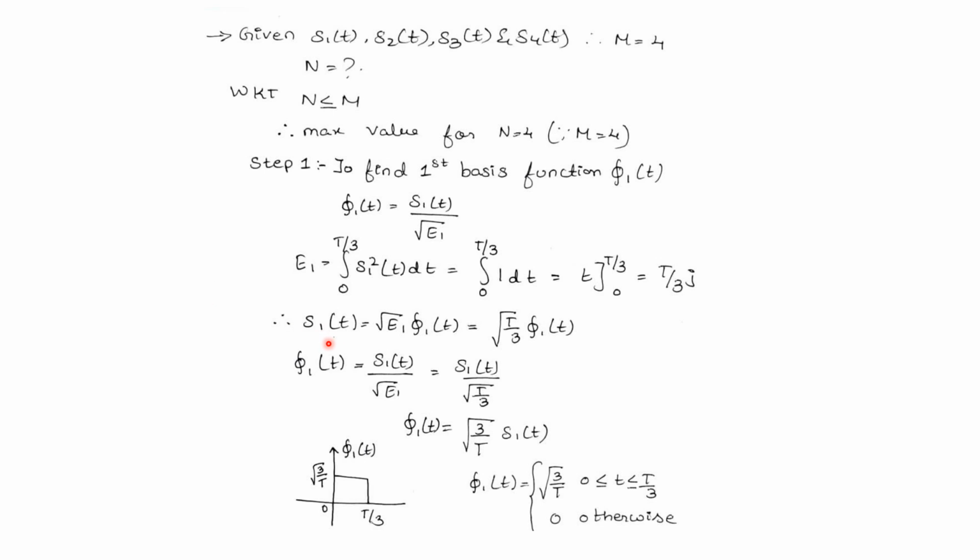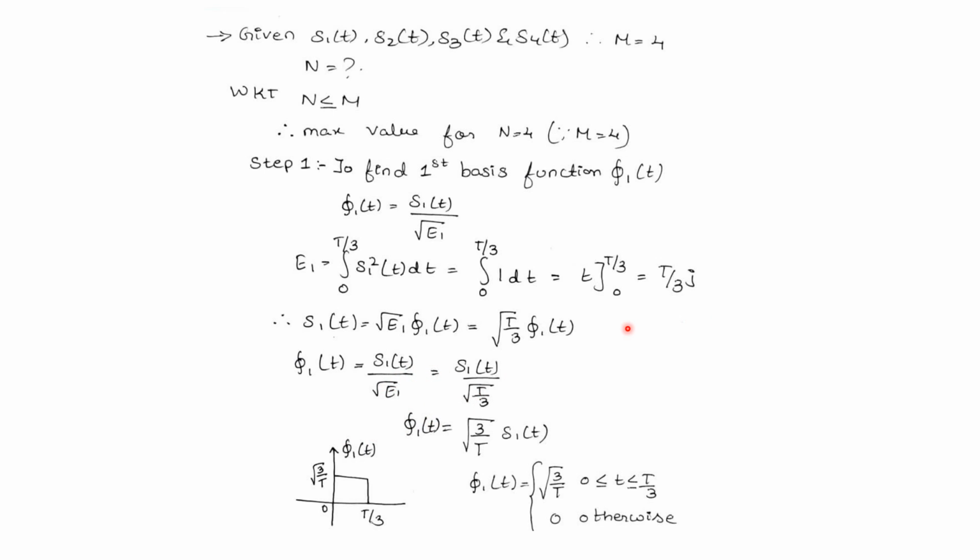We know that S1 of t is equal to root E1 into phi 1 of t. By taking root E1 to the LHS, I am able to find phi 1 of t. Phi 1 of t is equal to S1 of t by root E1.